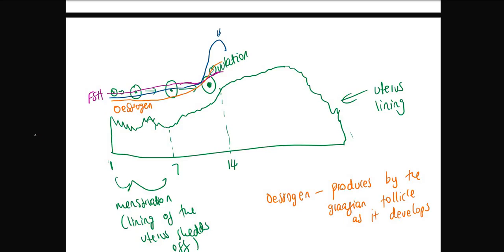day 14. So this one is LH, luteinizing hormone. The levels of luteinizing hormone are low when you are menstruating and stuff, because your follicle is still developing.